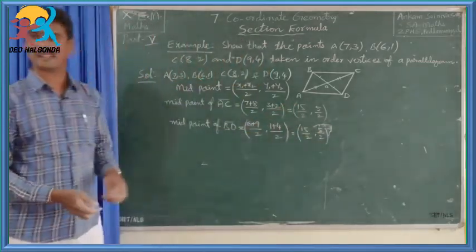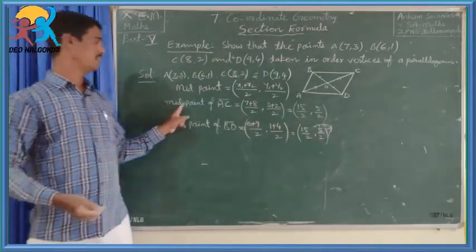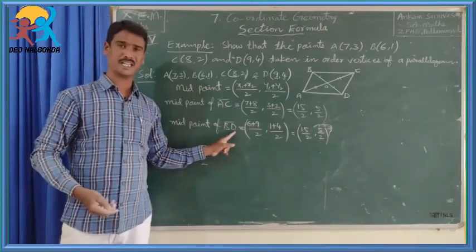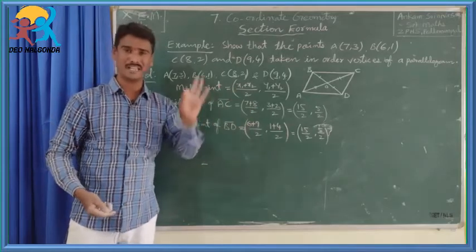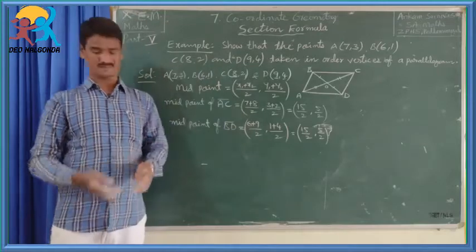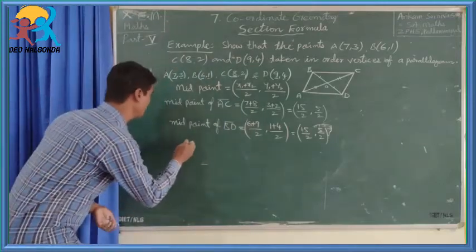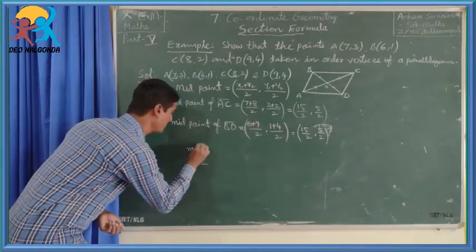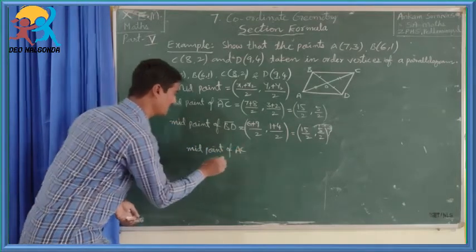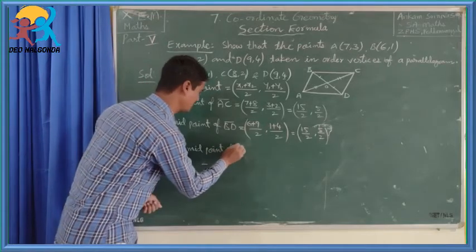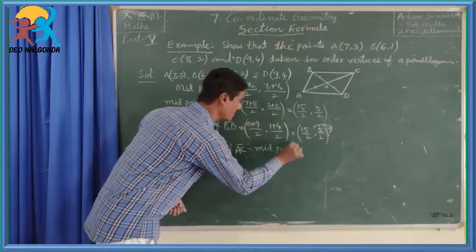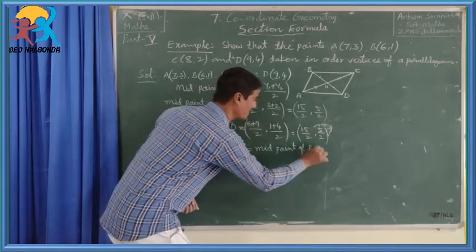What do you observe here? The midpoint of AC is equal to the midpoint of BD. If the midpoints of the diagonals are equal, then it becomes a parallelogram. Midpoint of AC equal to midpoint of BD.